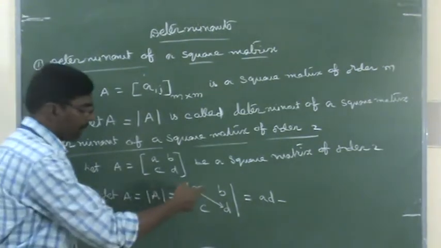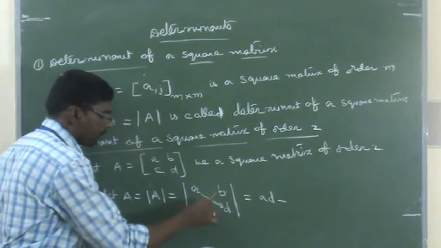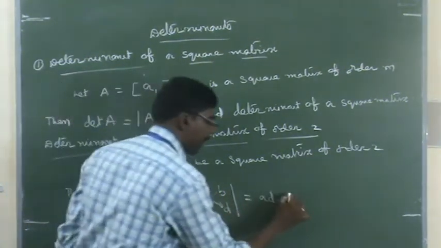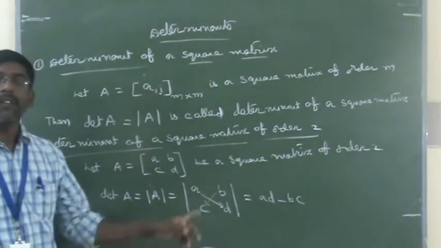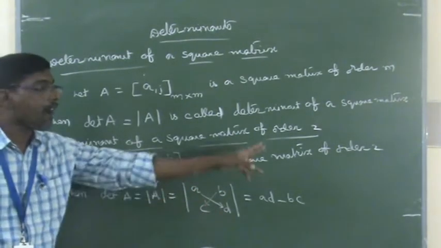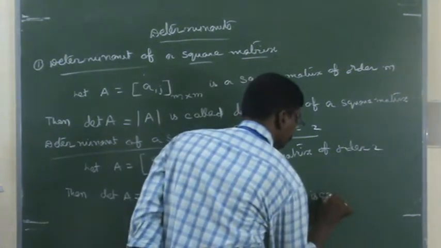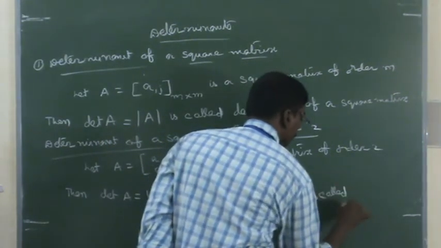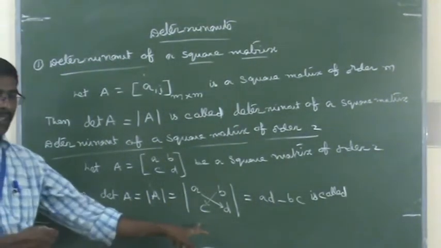Next we multiply b into c. That is bc. This is called the determinant of a matrix.